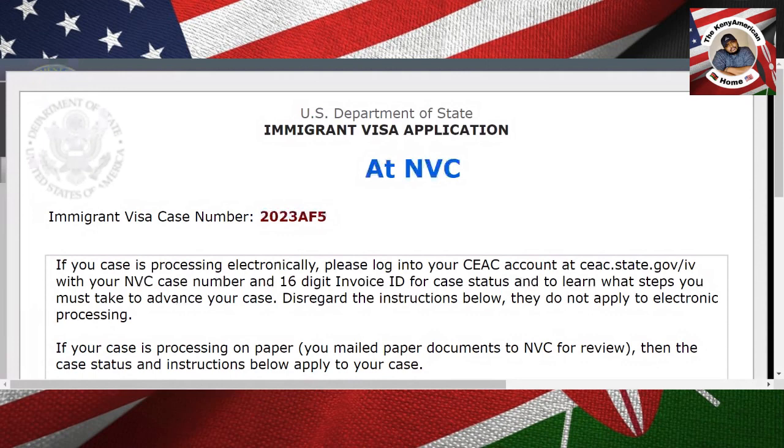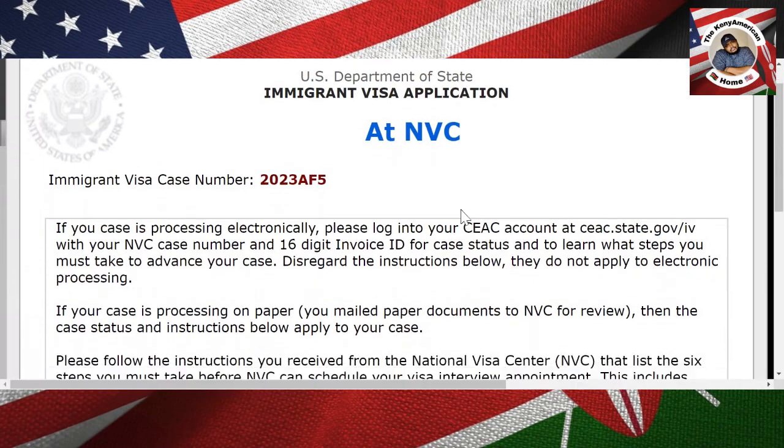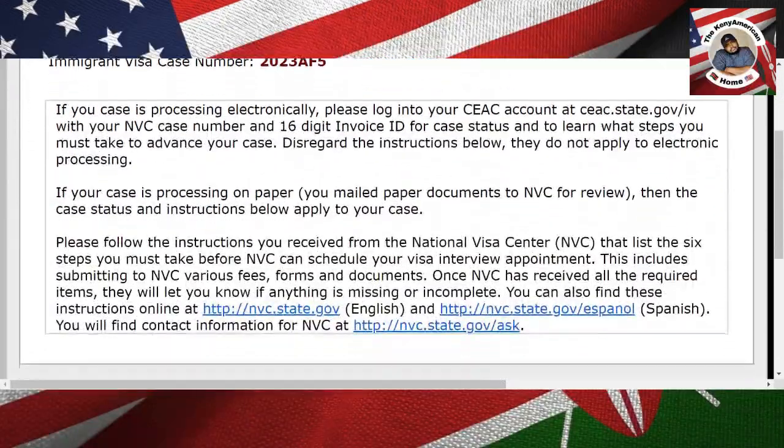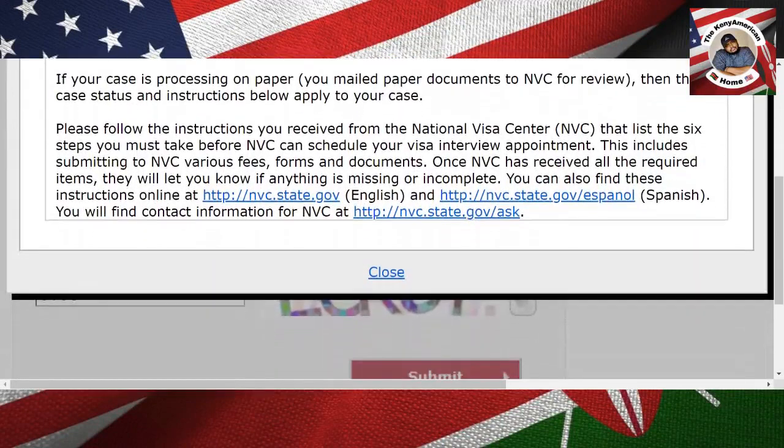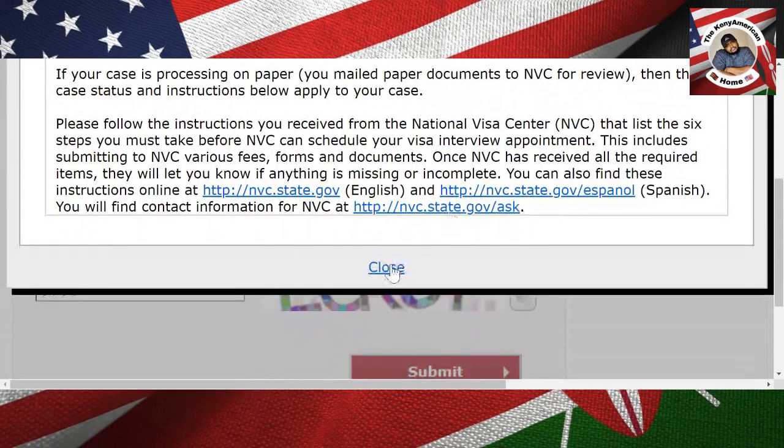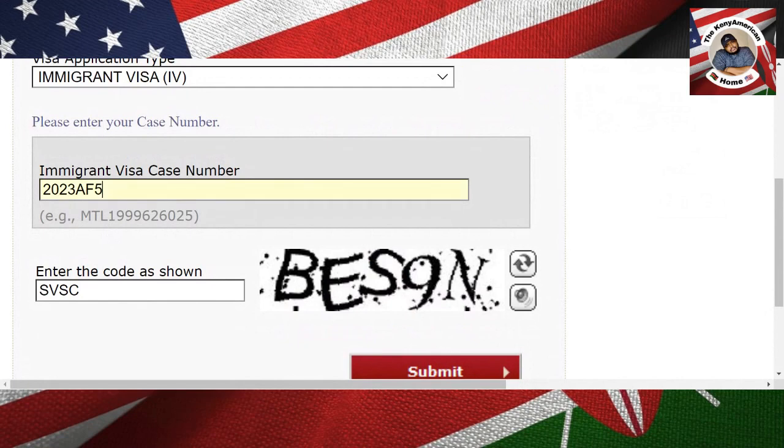I'm going to walk you through tracking some of the cases, and for every status we'll do about 2 or 3 cases. That's case number 5, and I'm predominantly focusing on Africa.